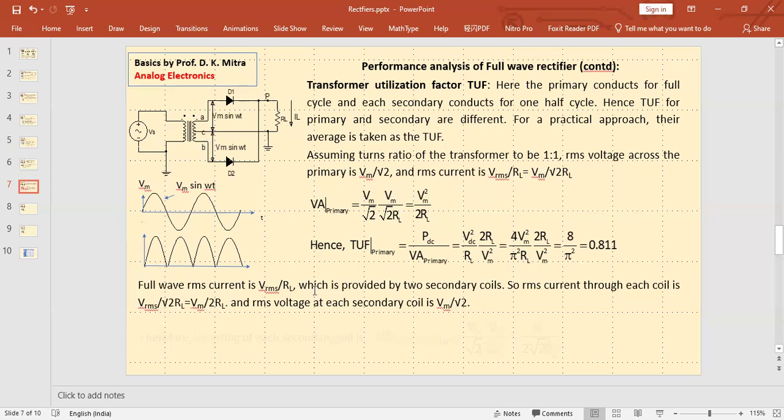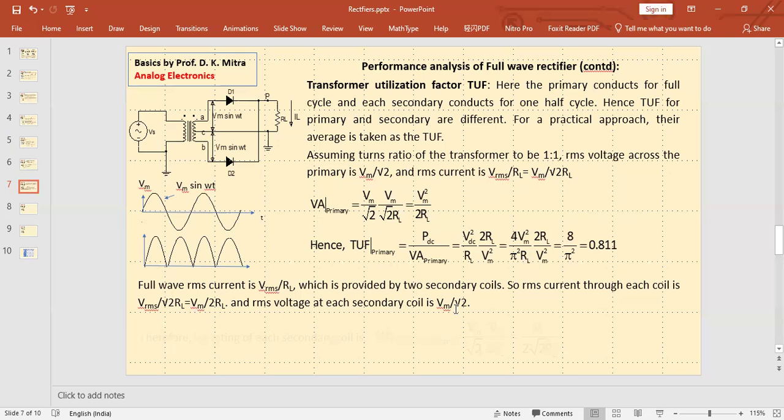So current given by each coil is Vrms by root 2 RL, which is equal to Vm by 2RL. And RMS voltage of each secondary coil is Vm by root 2, because Vm appears here as the peak value.